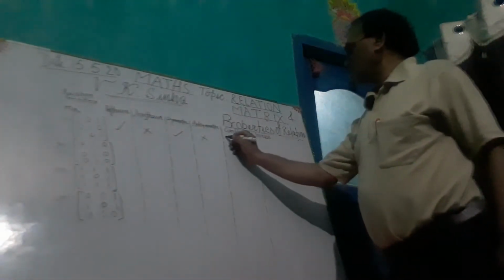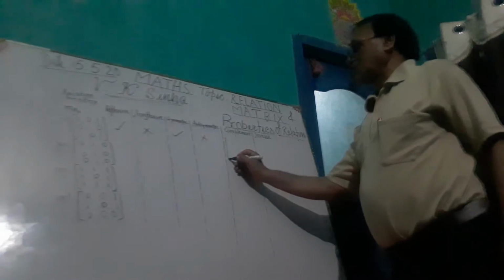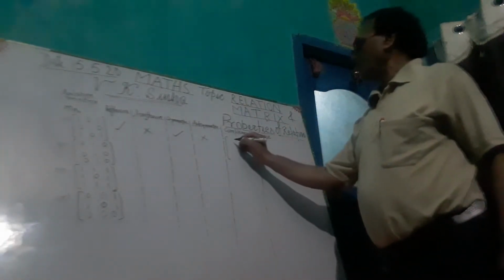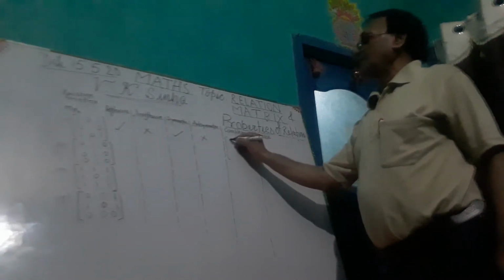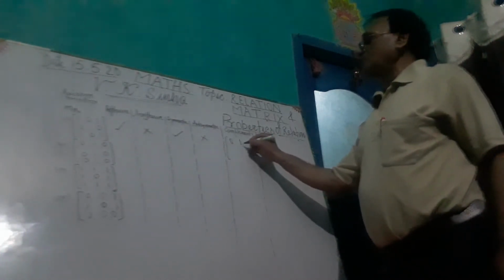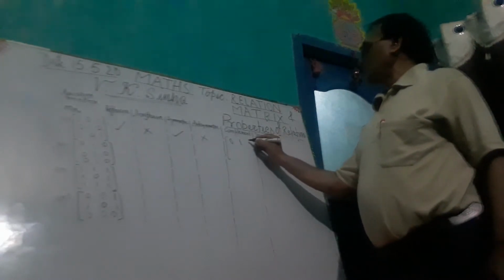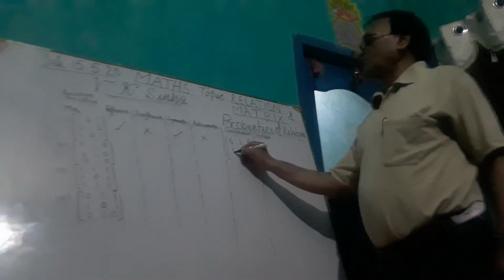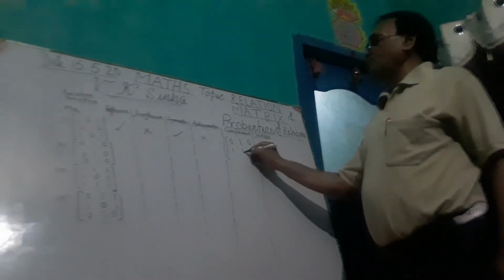Now the complement. How do you write the complement of the given matrix? We change 1 by 0 and 0 by 1. So write 0 for 1, 1 for 0, and 0 for 1. And next 1 for 0, 0 for 1, and 1 for 0.